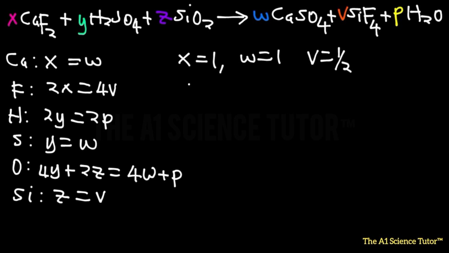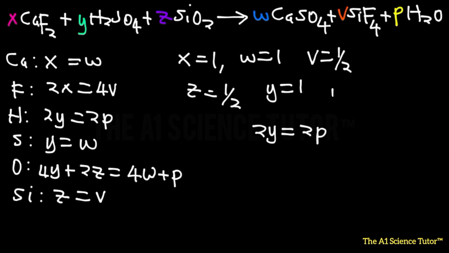So that means Z will be equal to 1/2. Now here you can see Y is equal to W. So Y also will be equal to 1. Therefore, if you have 2Y is equal to 2P, that means P would also be equal to 1, because that will be 2 is equal to 2.